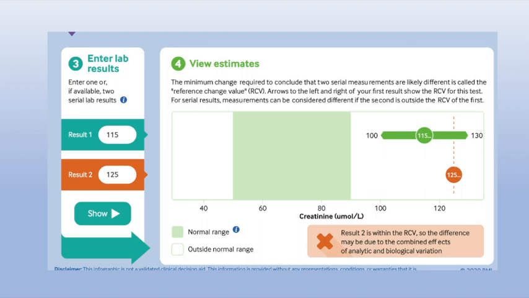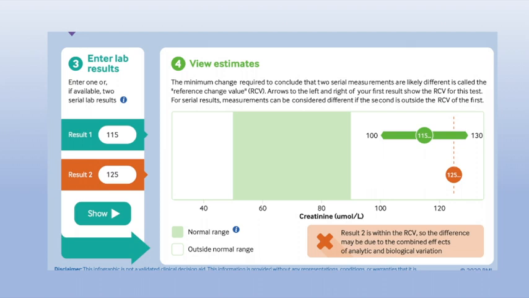When the reference change of value is applied to the serum creatinine of 115, we find that the range is from 100 to 130 micromoles per liter. This means that the value of 125 is within that reference change value.